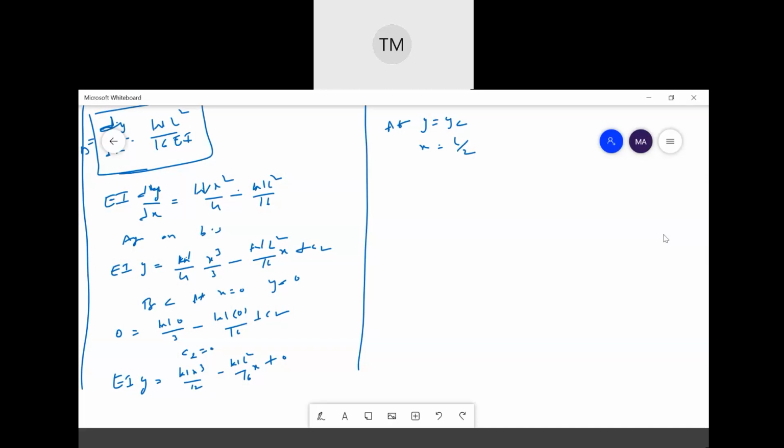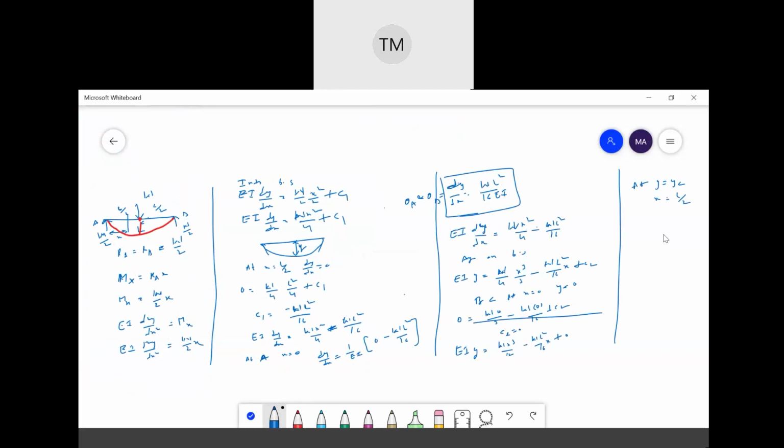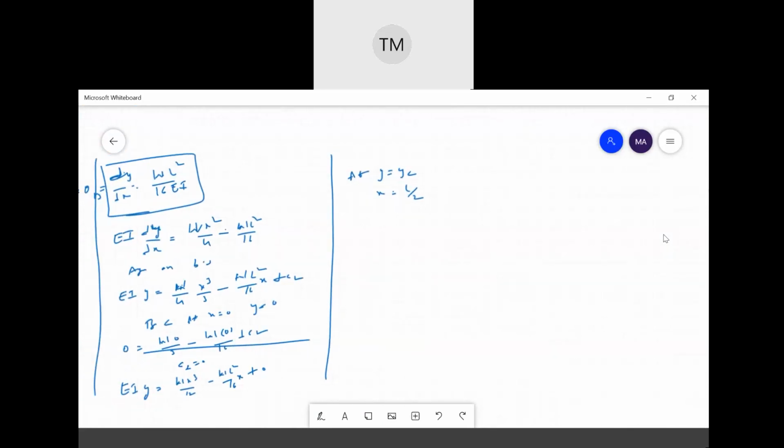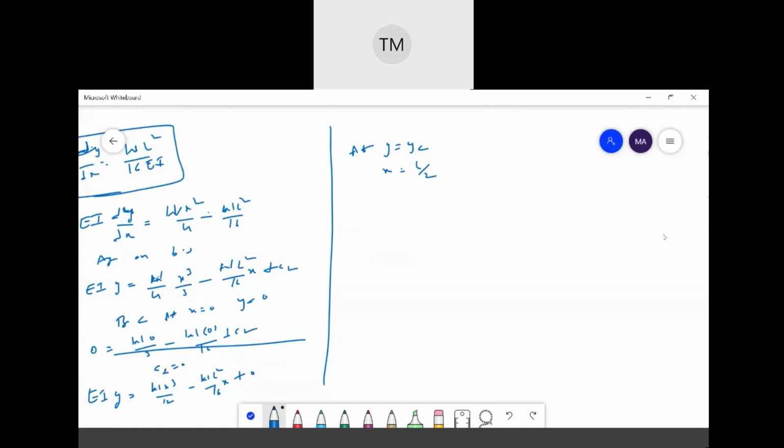It will be EI y is equal to w by 12 into L cube by 2 cube, that is 8, minus w into L square by 16 into L by 2 plus 0.